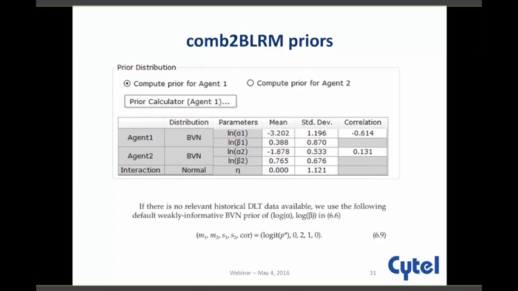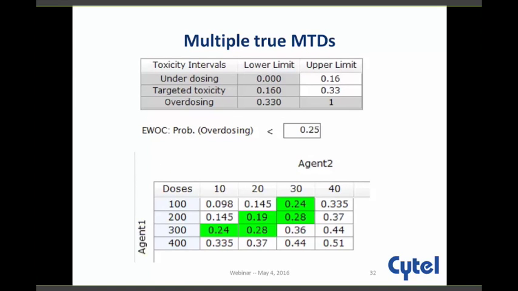As with the single agent approach, there is a simulation and an execution mode. In the simulation, you will consider different reality scenarios. There could be a scenario where there are multiple true MTDs, and the design will actually pick among them.